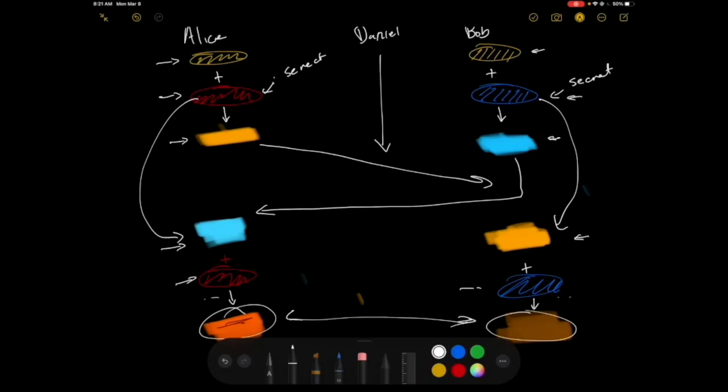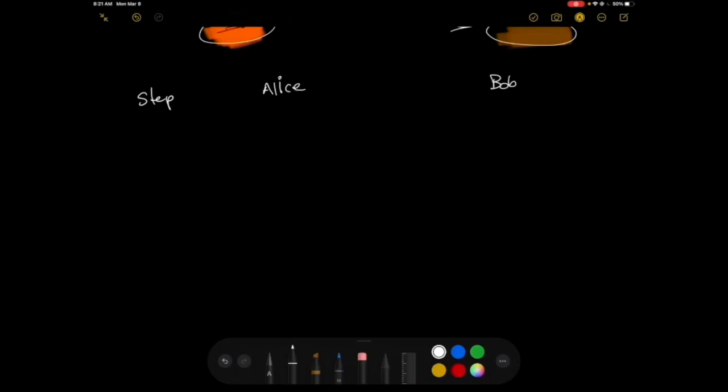Okay, so let's talk about the math of it. There are really 6 key steps here. So here we'll denote our steps on the side, and then we'll have Alice and Bob. Step 1 is to pick a shared parameter.